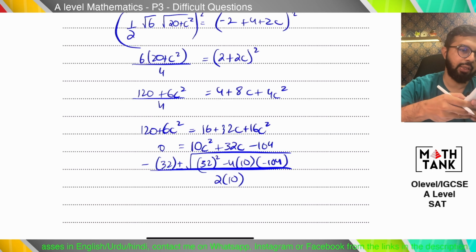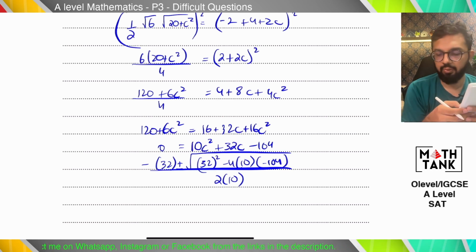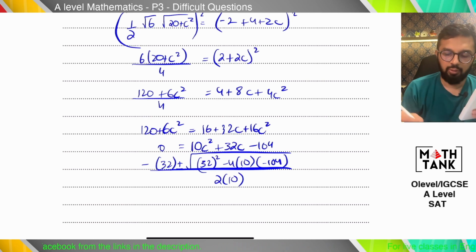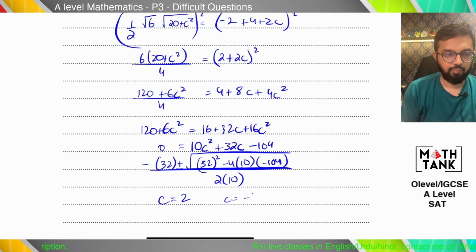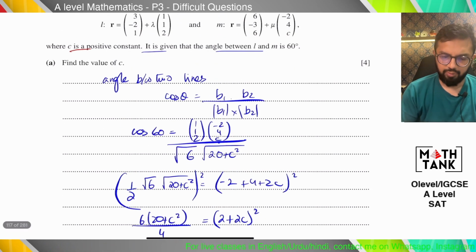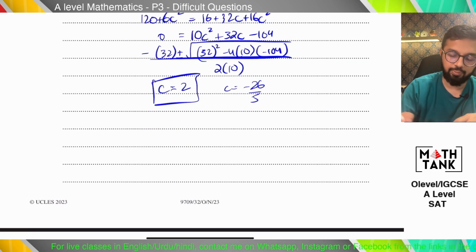If I put a quadratic, 10, 32, and minus 1, so C equals 2. Okay, C is a positive constant, so that's just one answer, C equals 2.